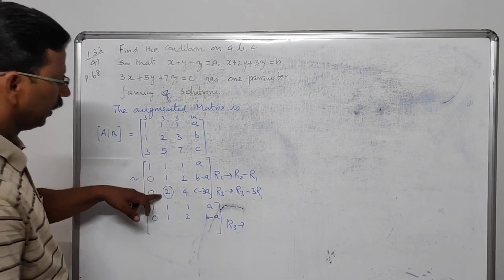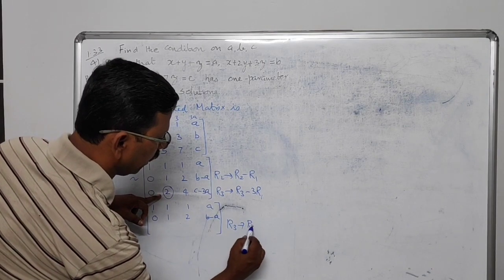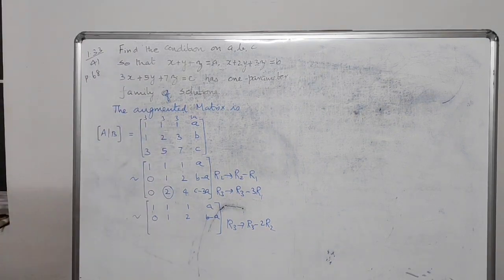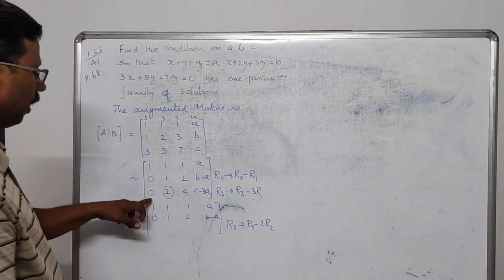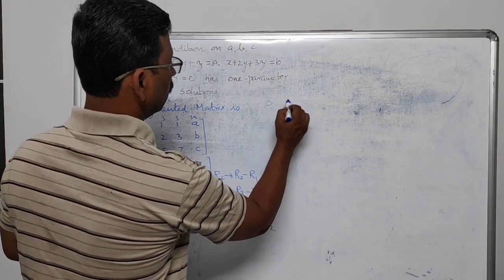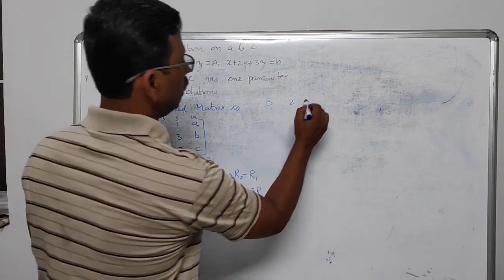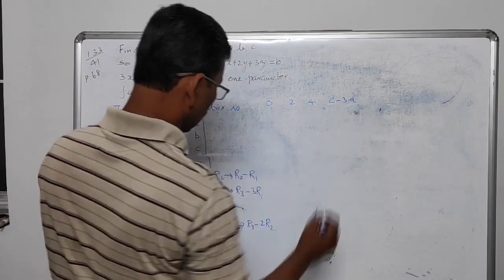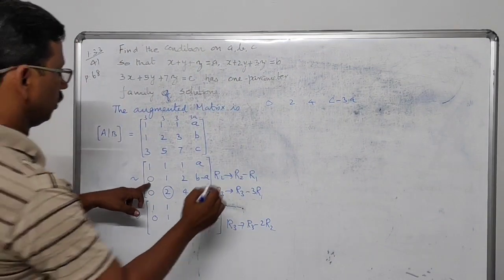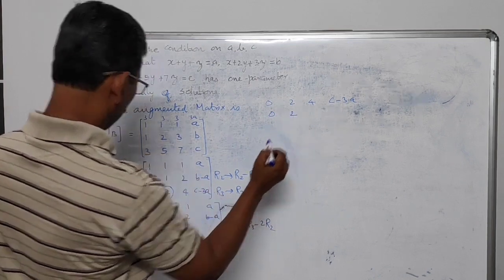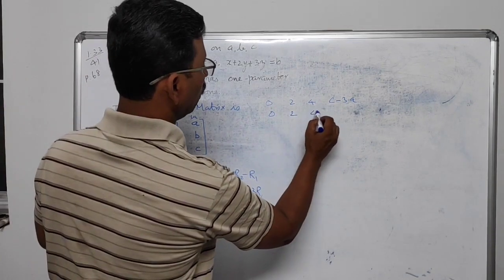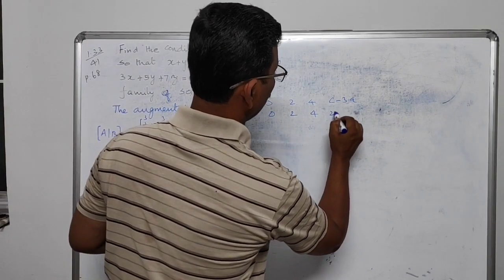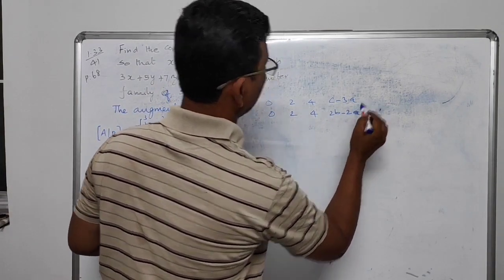Therefore, we write R3 minus 2 times R2. R3 is 0, 2, 4, and C minus 3A. Then multiply R2 by 2: 0, 2, 4, and this will be 2B minus 2A.